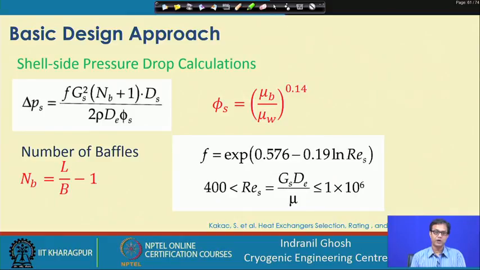And now, we have to select some kind of heat exchanger, or there is a guideline by the Tubular Exchanger Manufacturers Association, that is TEMA.